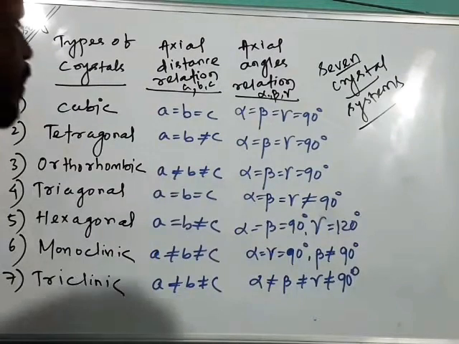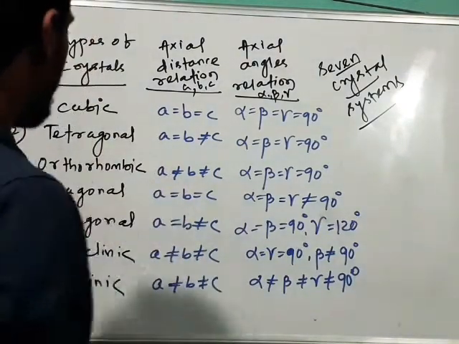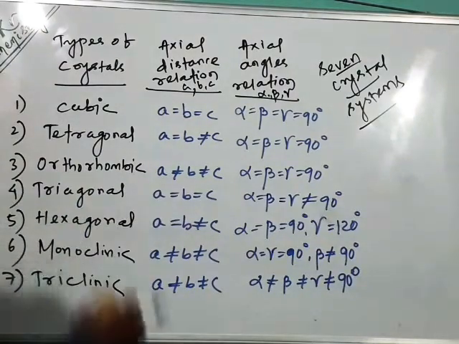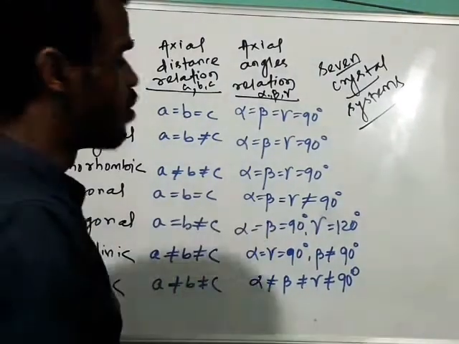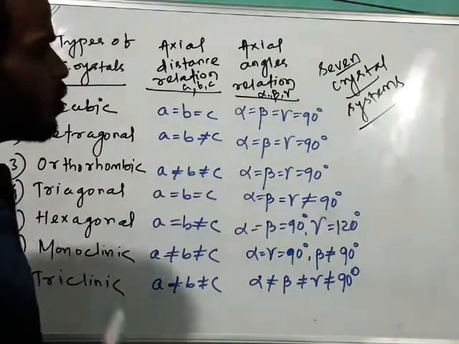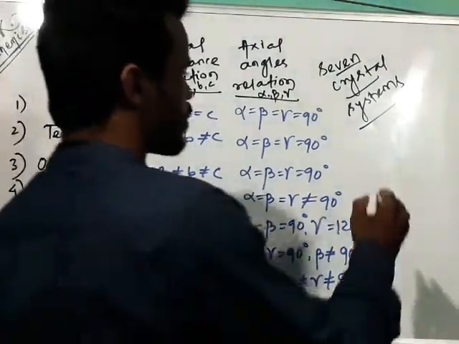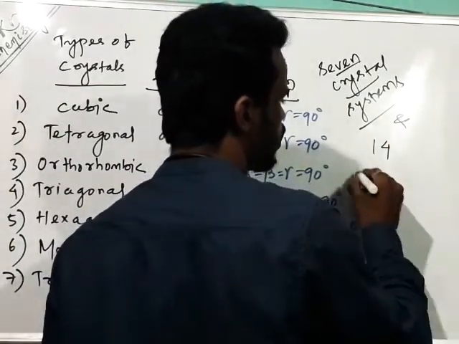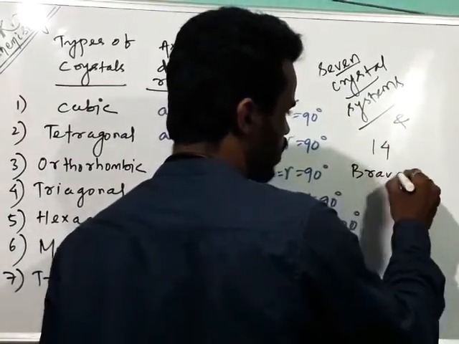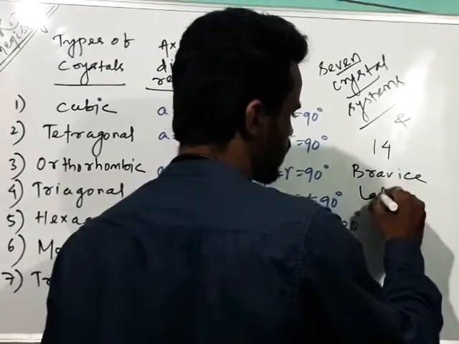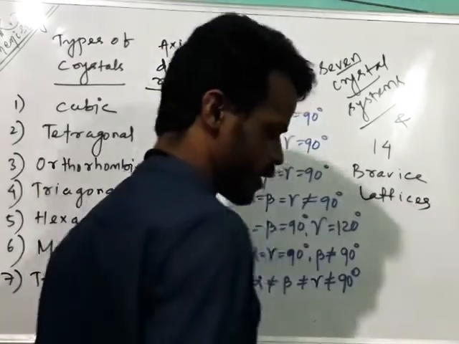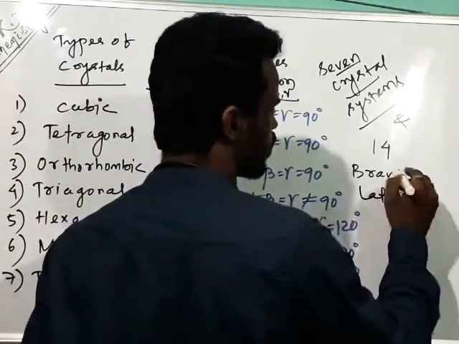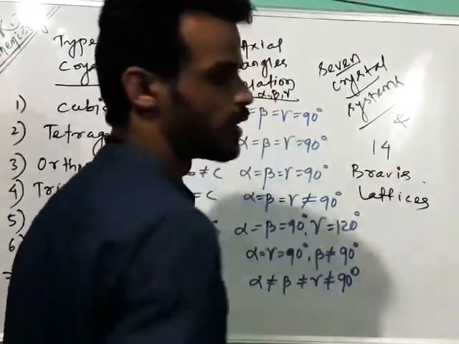Now go to the Bravais lattices. There are 7 crystal systems as shown in the slide, and there are 14 Bravais lattices.